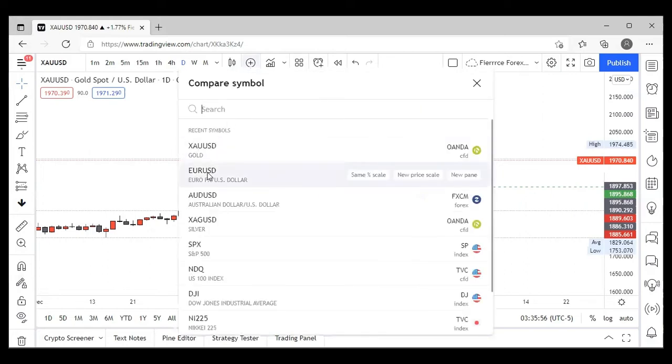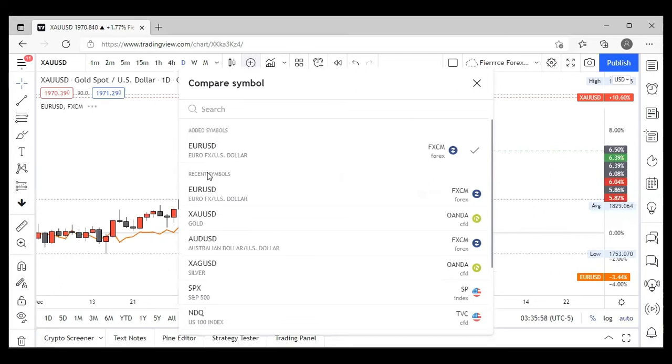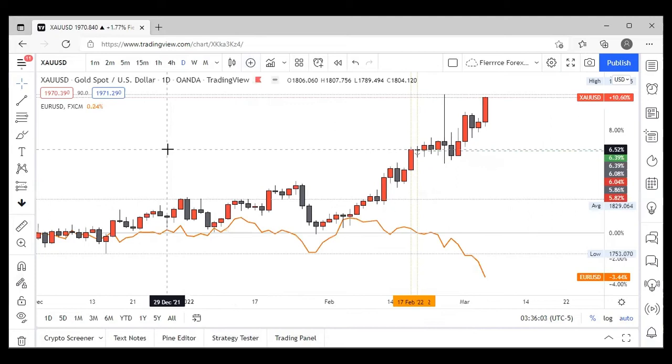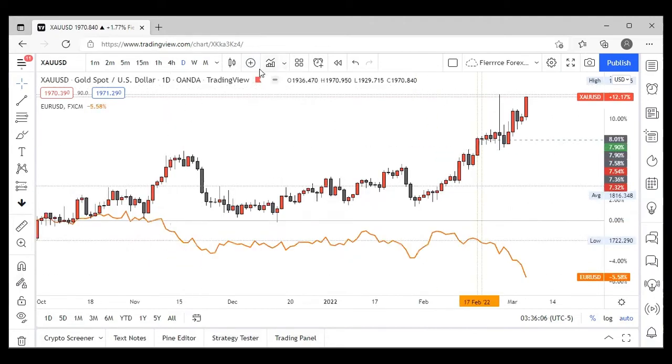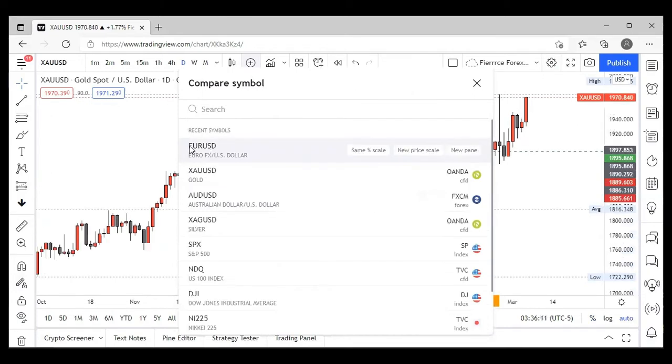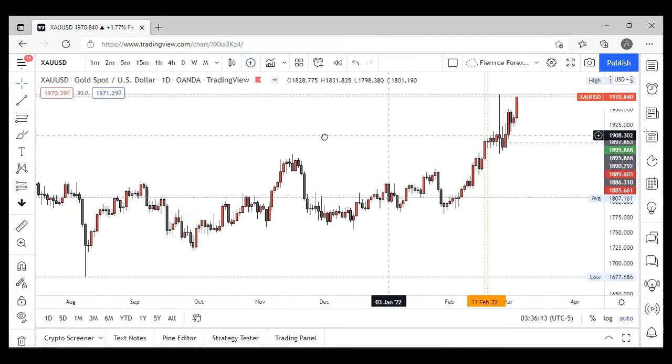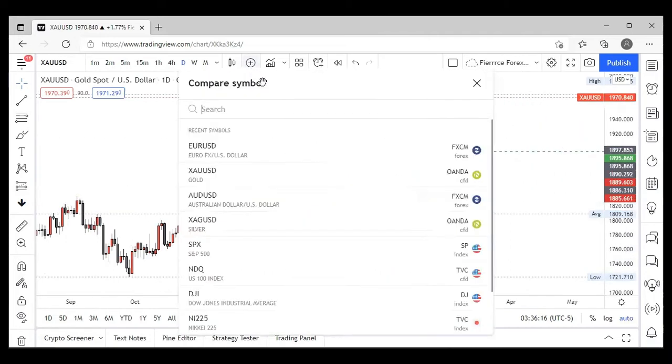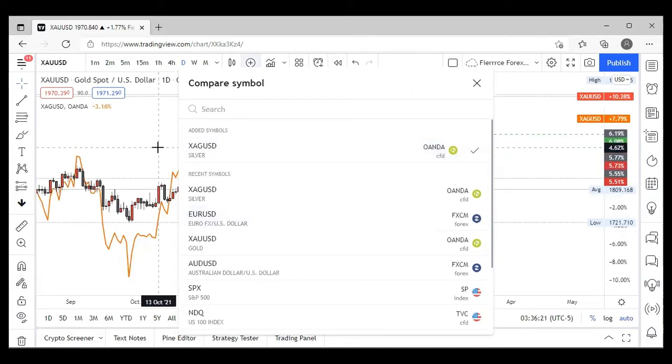So for example, this is XAG-USD, which is silver. Gold is XAU-USD. This is gold, this is silver.